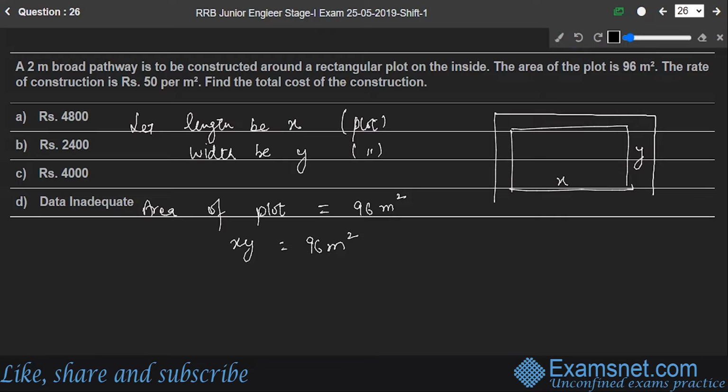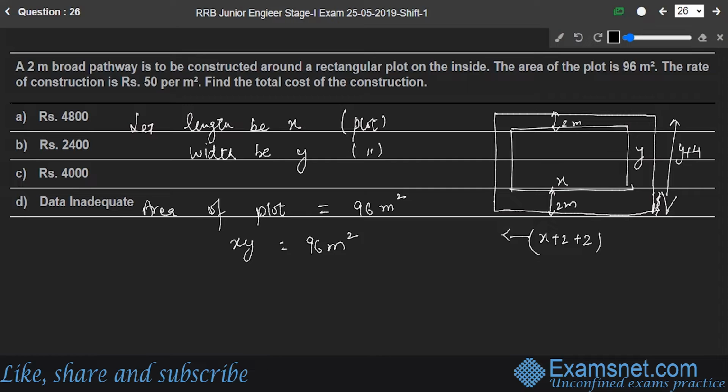So this is the one which is constructed around it like this. Okay, so now this is 2 meters and this is again 2 meters, something like this. So what will be your length now? x plus 2 and your width will be y plus 2 plus 2. Or you can say simply y plus 4.